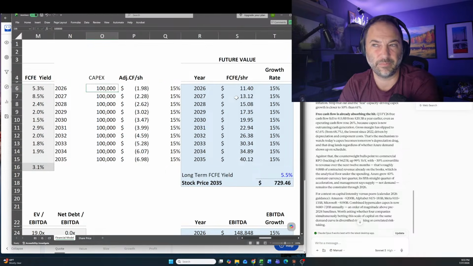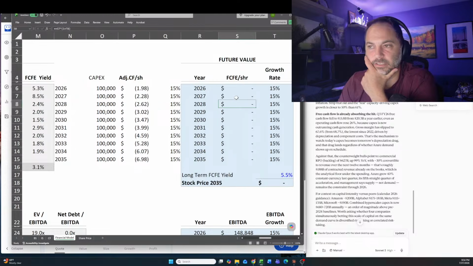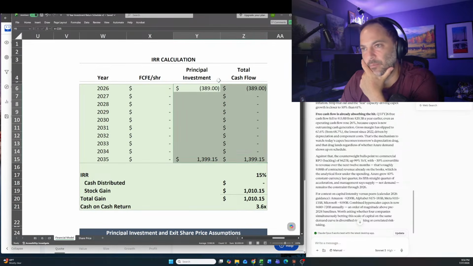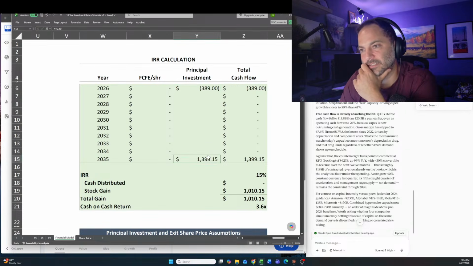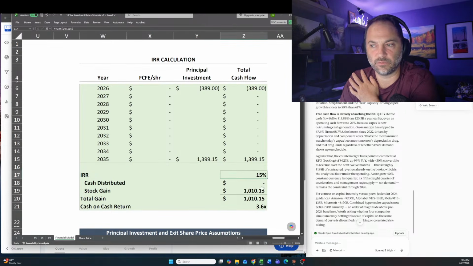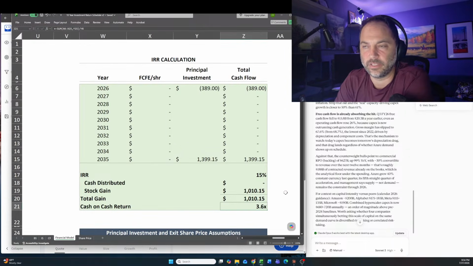Maybe we just want to make them 0 and say they might do that and then it would taper off. Not sure. I'm going to 0 it out for right now. What that's going to do, in our IRR calculation, is just look at the differential in price. So I buy it today at $389. I sell it 10 years from now for $1,400 a share. That's a 15% return, 3 to 4x return on our cash over a decade with kind of no free cash flow assumptions.